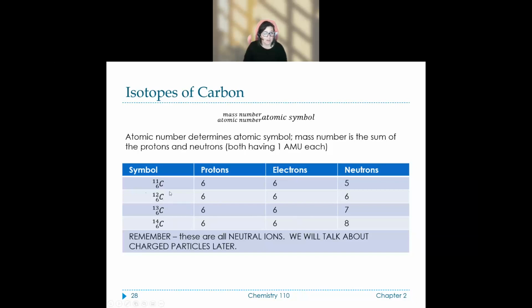So I take this mass number, 12, minus the atomic number, 6, and that's 6 neutrons. This mass number of 13 minus the atomic number, which is 6, gives me 7 neutrons. Mass number of 14 minus the atomic number of 6 gives me a number of neutrons as 8. So these are all neutral. So the number of protons and electrons is exactly equal. Number of electrons equals the atomic number. Okay?